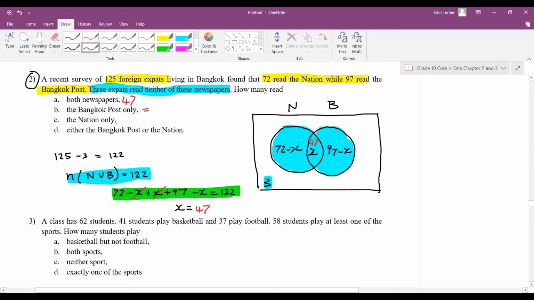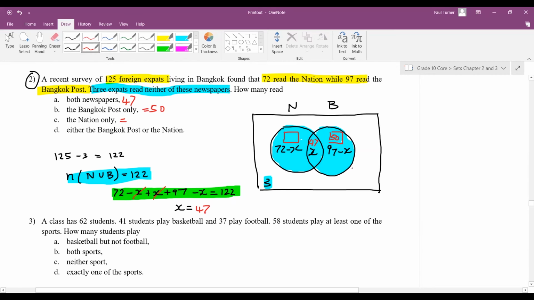Bangkok Post only. What about this one here? How much are these numbers? We got 97 minus 47. That would be 50, wouldn't it? Okay, so we have 50 for Bangkok Post only. So we put 50 for the answer there.